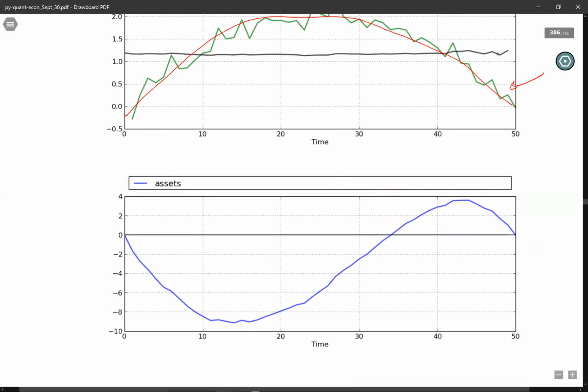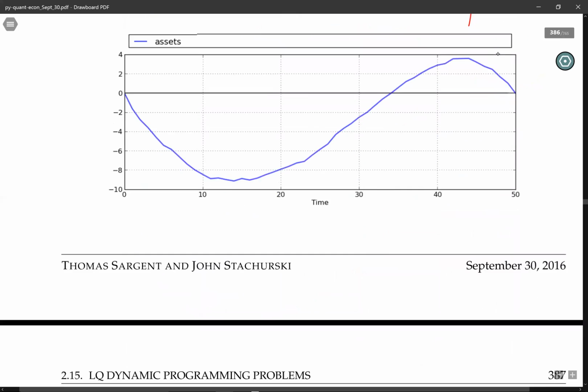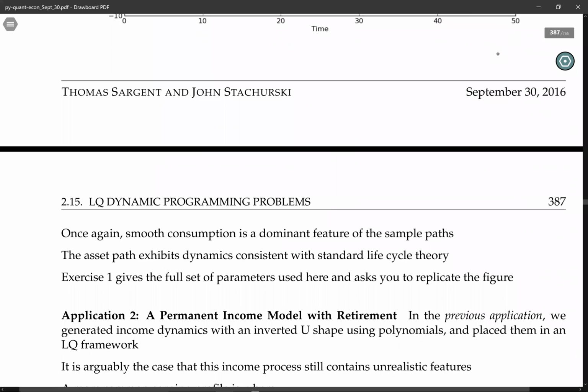Well, early on, the person borrows. So runs down his assets, starts at zero. So it's borrowing early on. So young people are borrowing, and then later builds up assets in order to compensate for the declining income.